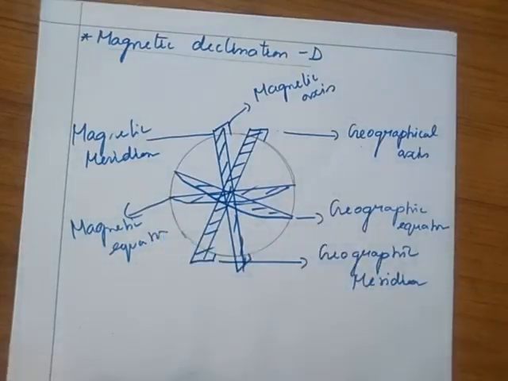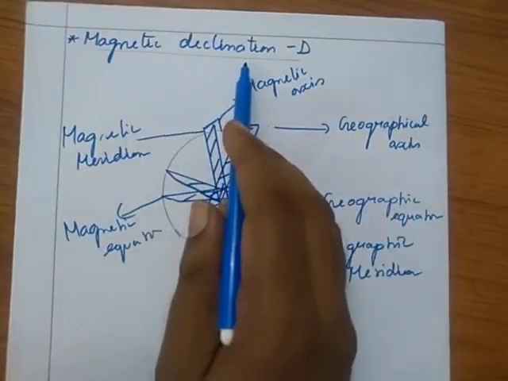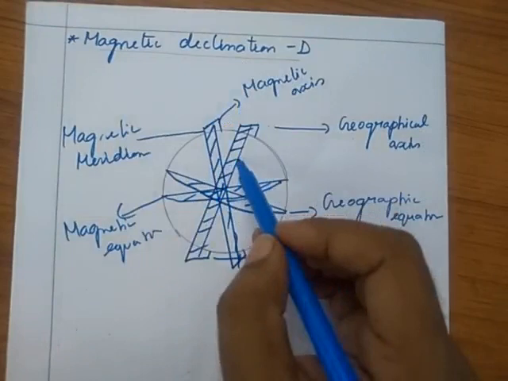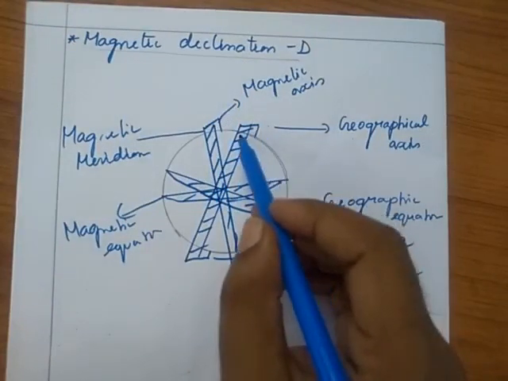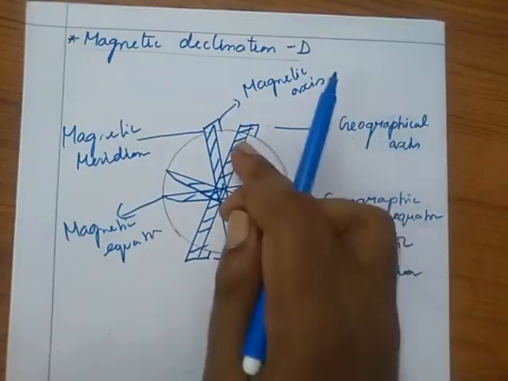Now we can specify the term magnetic declination. Magnetic declination is an angle between the geographic meridian and the magnetic meridian. It is an angle between this plane and that plane.